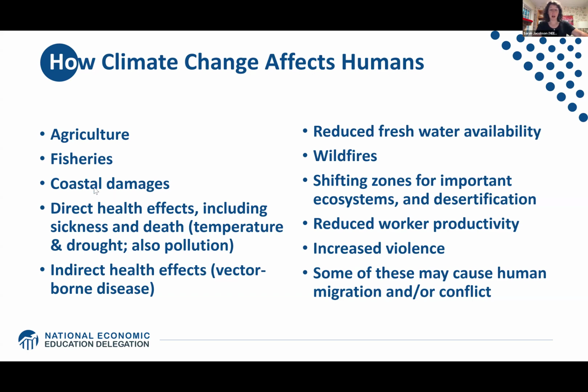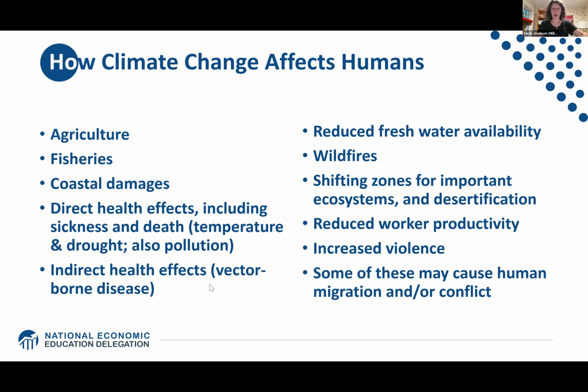You can think of the islands being degraded as a form of coastal damage, but some of these islands are below sea level, and so we have some migration that may have to result from that. So these things are all very difficult to put on the scales against the cost of abatement.